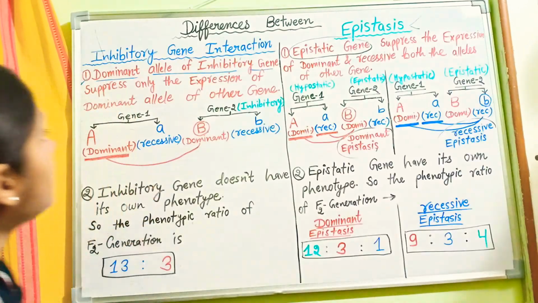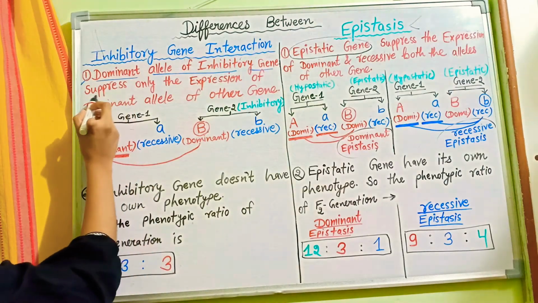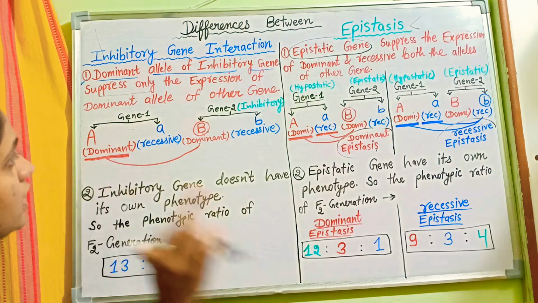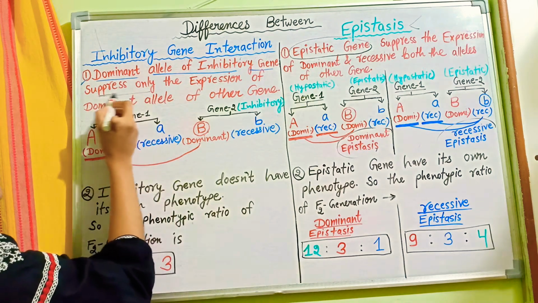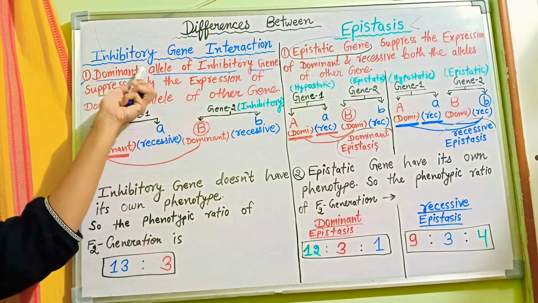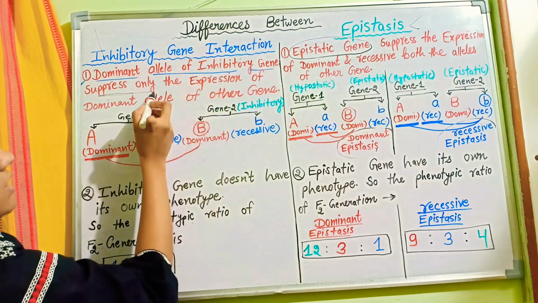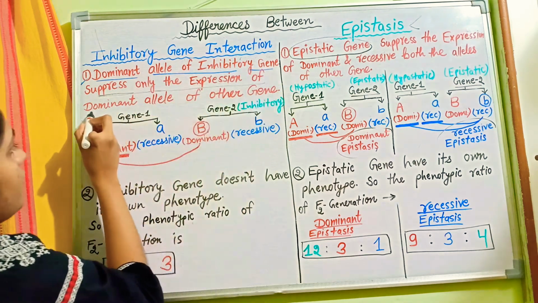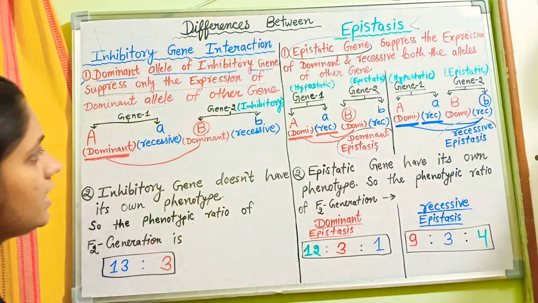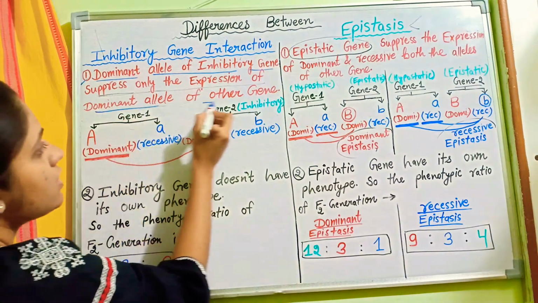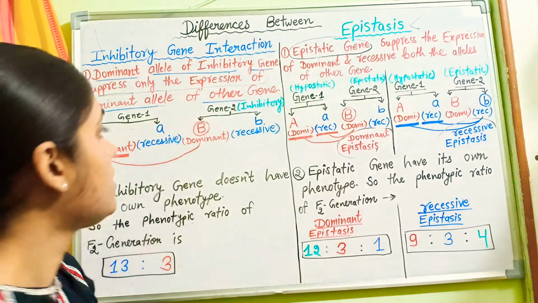And the second and most important thing is that in this inhibitory type gene interaction, the dominant allele of the inhibitory gene suppresses only the expression of the dominant allele of the other gene.